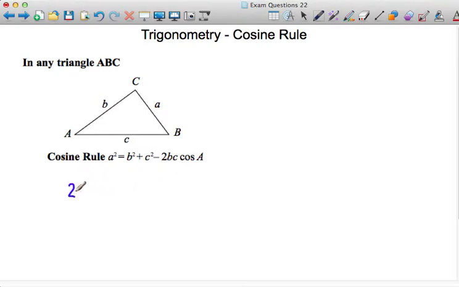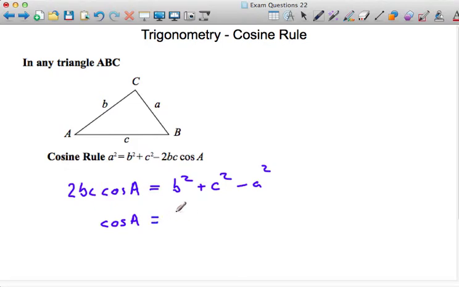So 2bc cos A, moving it across to the left, is equal to b squared plus c squared. And I'm going to take this a squared to the other side, so it changes to minus a squared. And now to find cos A, I just divide by how many cos A's I have, 2bc of them.